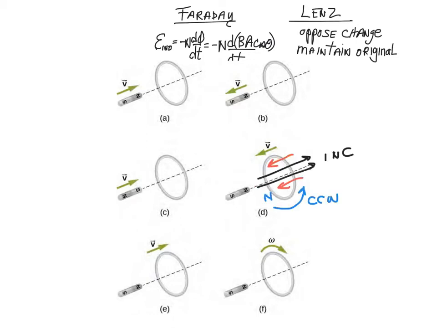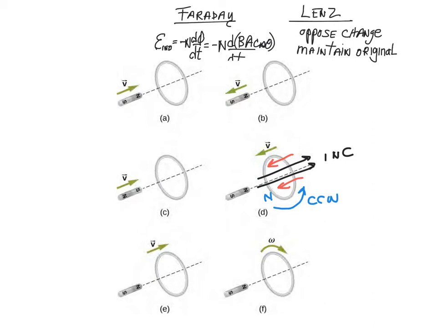Okay, check your answer. So since the coil is approaching the magnet, the black field lines coming out of the North Pole will be increasing in number. So to oppose that increase in flux, the induced current has to produce a field and a flux in the opposite direction. Those are the red arrows.